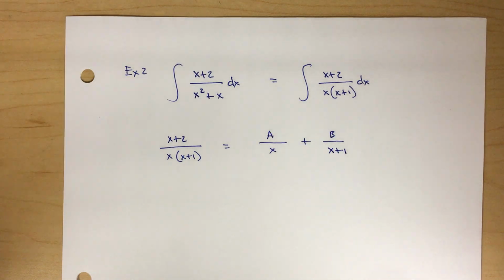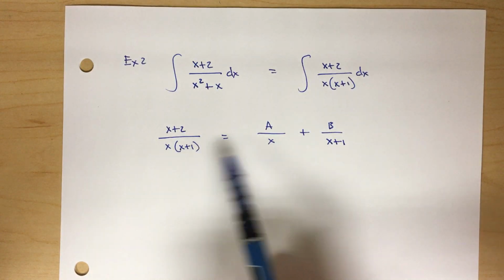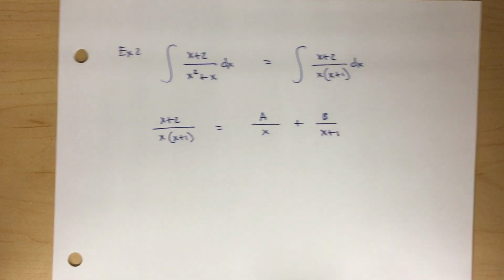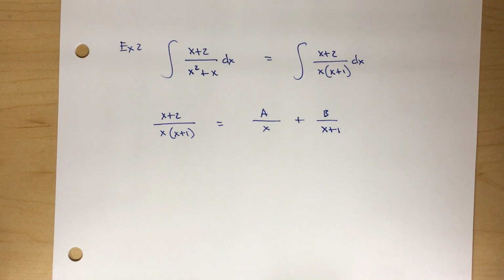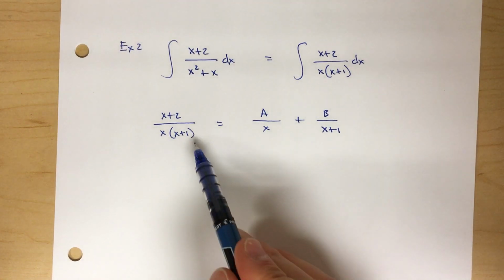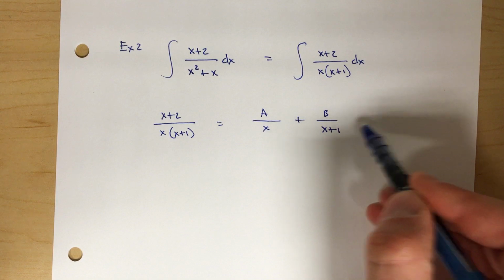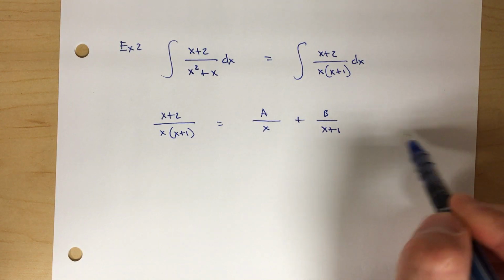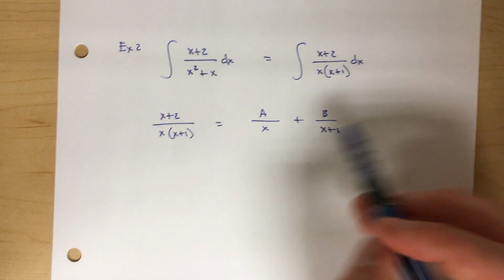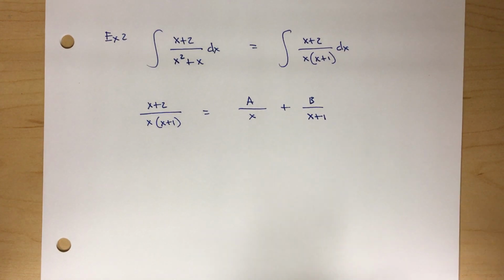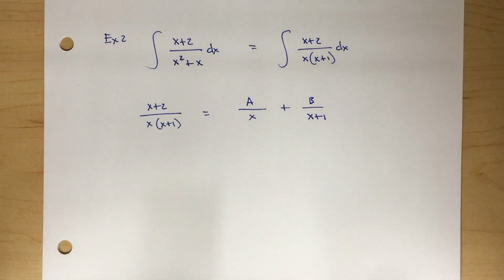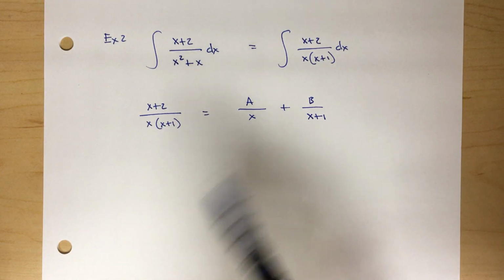That's what we want, because we don't know how to antidifferentiate this, but we do know how to antidifferentiate these. Okay? If you had another factor, you would say plus c over x plus 5, right? If you had 4 factors, you'd have to have 4 different fractions here, because these are what we know how to antidifferentiate.